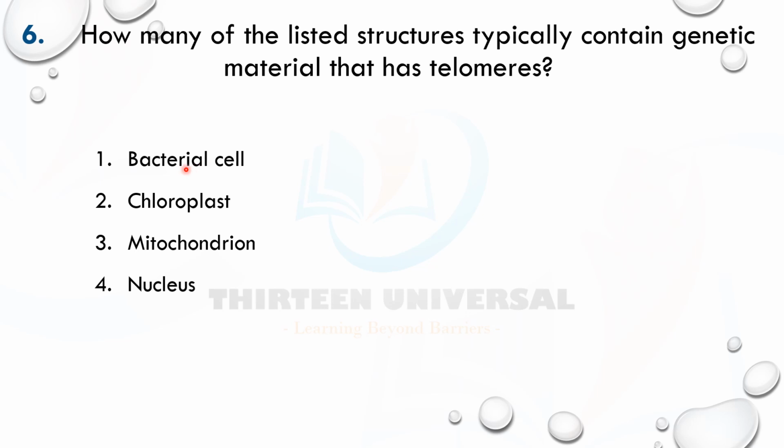Bacterial cells have circular DNA, but their DNA does not have histone protein. A telomere is a repetitive base sequence found at the tip of chromosomes. So this is a chromosome. Remember, this is a sister chromatid, linked with another sister chromatid.